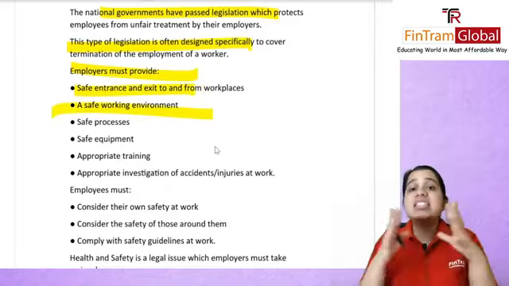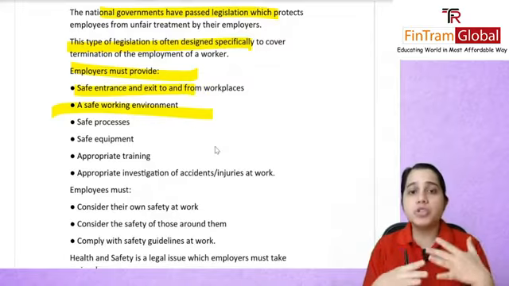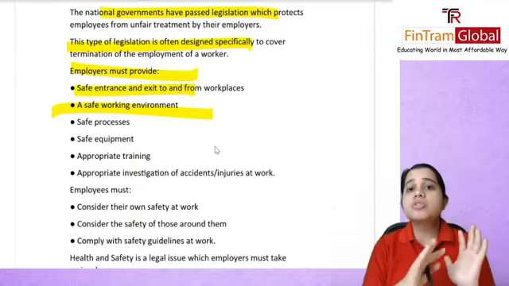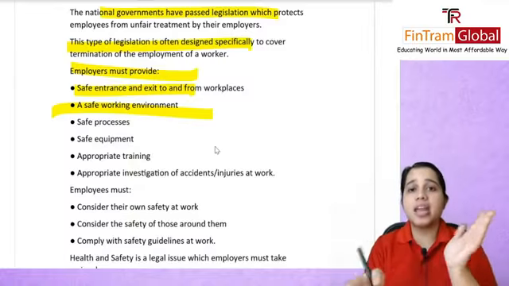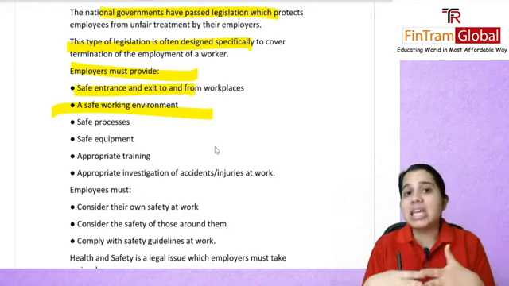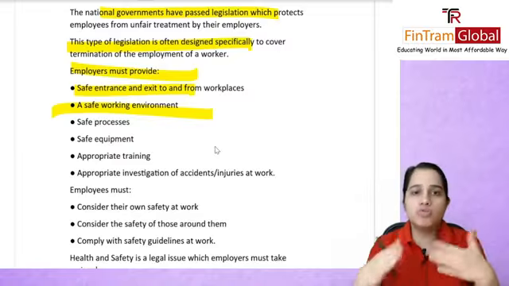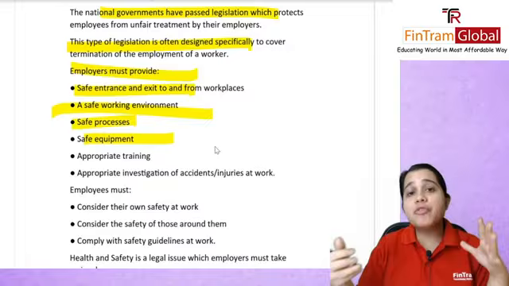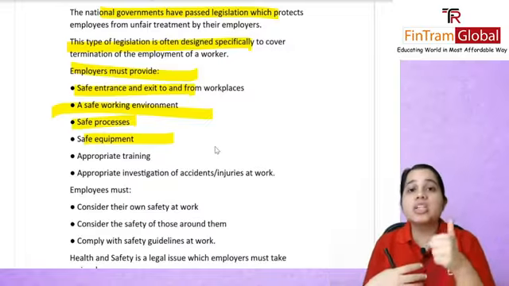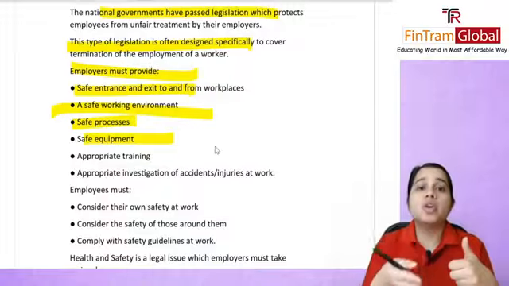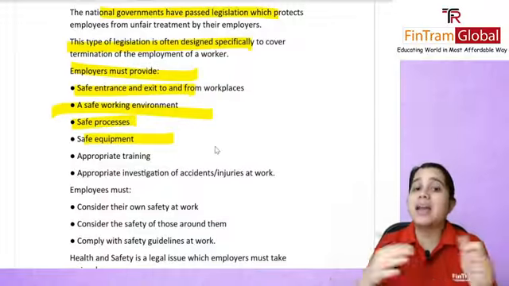They need to provide a safe working environment. If you are working in a factory, there should be good entry and exit points and fire exits. People should be well aware of the layout, and it should be a safe working condition so that accidents don't happen. Safe processes, safe equipment. If you know as a company that this equipment is faulty, you should go ahead and change or replace it, because an employee could use it and it could lead to an accident.